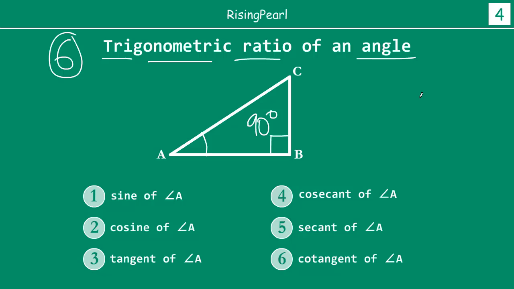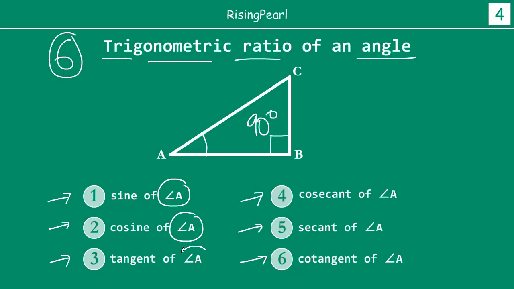So I want to draw your attention to the fact that all of the 6 trigonometric ratios, sine, cosine, tangent, cosecant, secant, and cotangent, each one of them is a trigonometric ratio, and all of them are for angle A. Like I said, a trigonometric ratio by itself does not make sense, but it has to be of an angle.